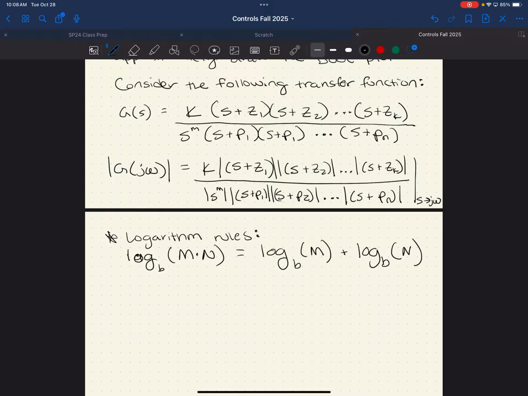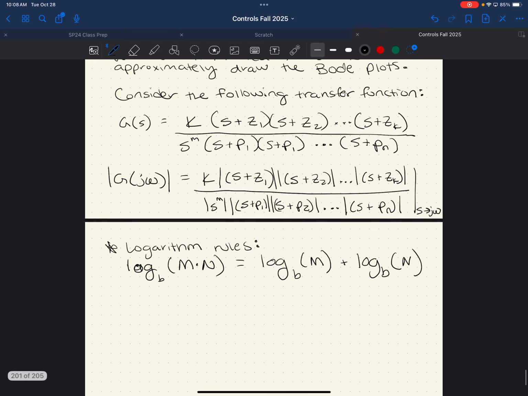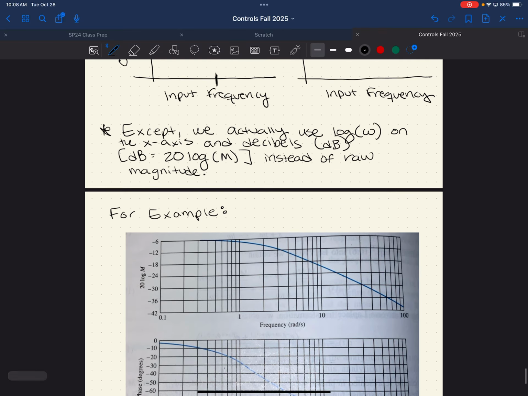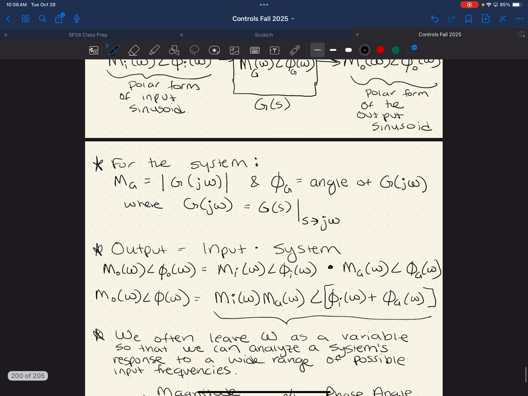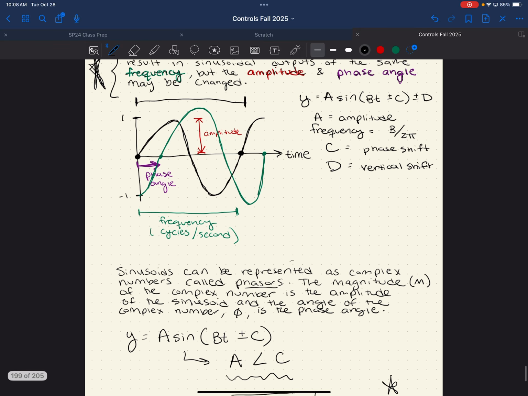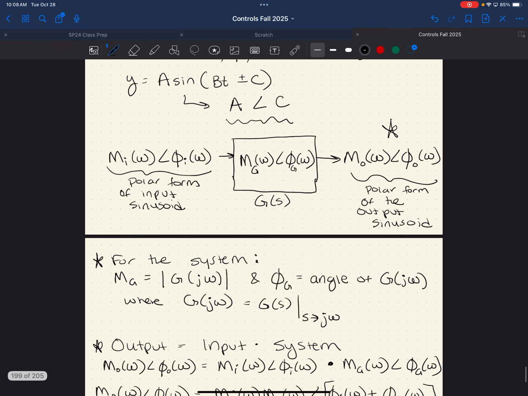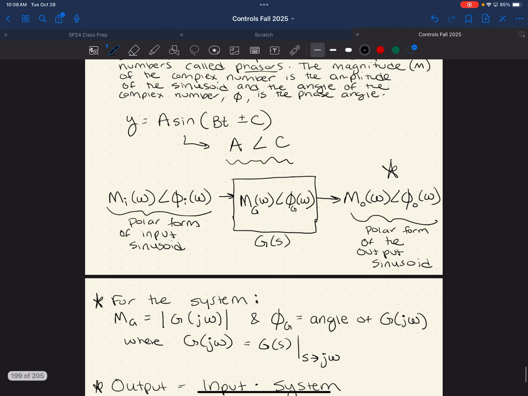Question. So how come earlier we simplified to G(omega) instead of G(j omega), and here we're doing G(j omega)? I don't think we ever did G of omega. That's what I meant, because that's how you go from the rectangular form of a complex number to the polar form of a complex number.